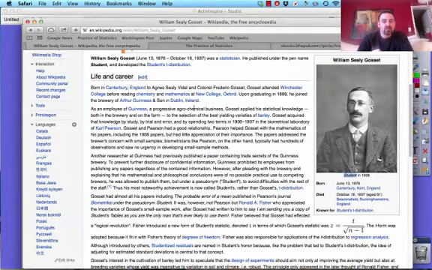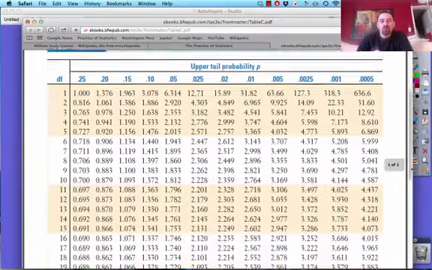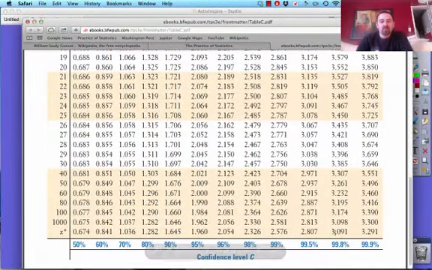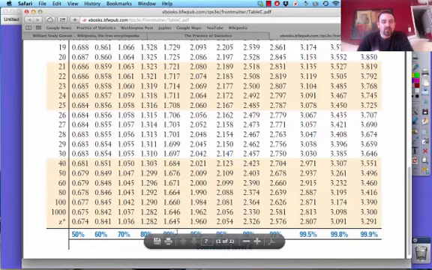Here's how we find t star. Here's the table, table C, the t distribution critical values. Okay, so what we've been doing before is we've been going down to the bottom. We're still going to go down to the bottom, and we're going to look for our confidence level. So for instance, suppose I want a 90% confidence level. The z star value is 1.645.